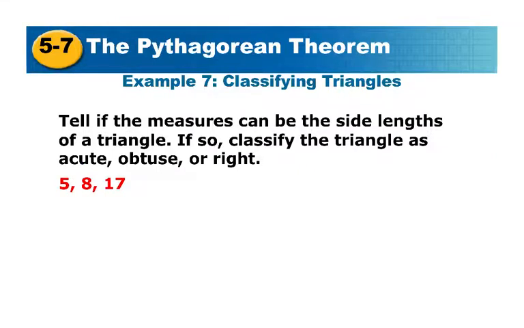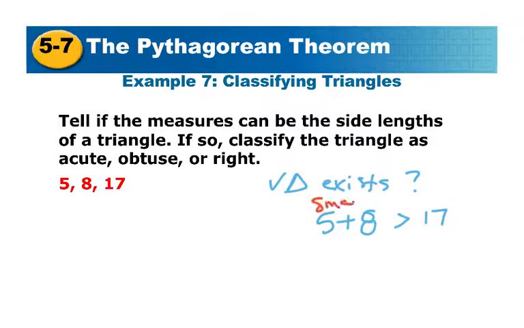Alright, so we're going to do the same thing over here. The first thing we need to do is check if a triangle exists. And so we need to take our smaller two sides, which would be 5 and 8, and see if that is bigger than the larger side. Okay, and so 5 plus 8 ends up being, what is that, 13?